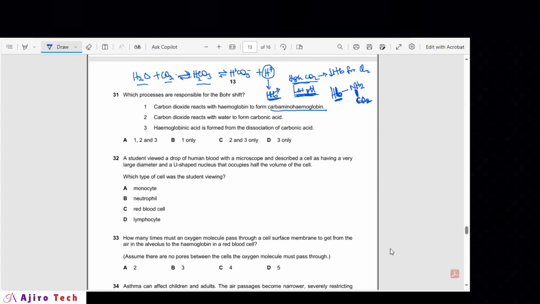As a result of carbon dioxide reacting with water to form hydrogen carbonate and hydrogen ion, the hydrogen ion reduces the affinity of hemoglobin for oxygen. Hemoglobinic acid is formed from the dissociation of carbonic acid. The formation of hemoglobinic acid makes hemoglobin unavailable to bind oxygen. So the three processes are responsible for Bohr's law.